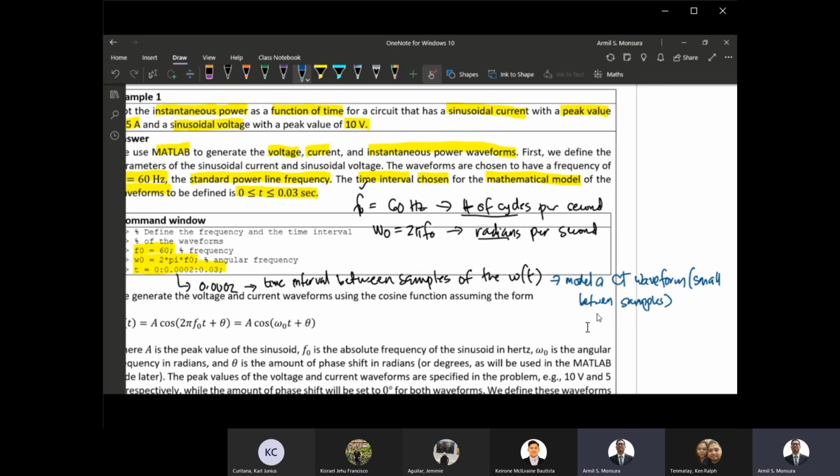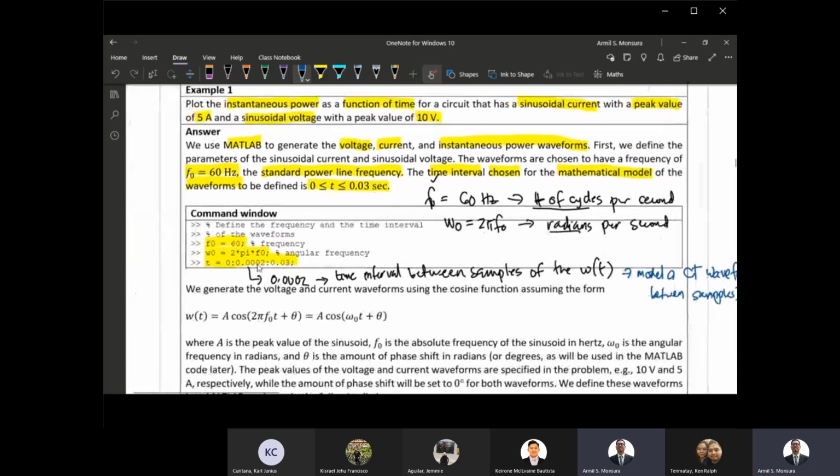This is because we would like that interval to be very small so that yung magiging resulting data set natin would have very small spacing between samples na magmumukha na siyang talagang continuous time. So with waveforms that are generated using computers, we would like this interval to be as small as possible.